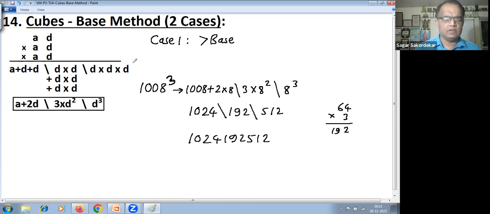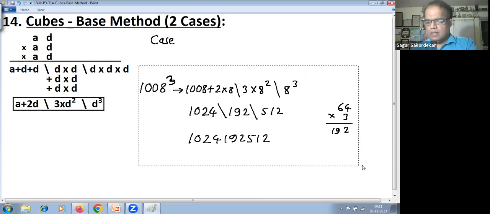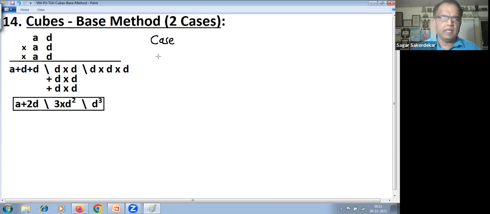So now let's go for case 2. Case 2 is less than the base.